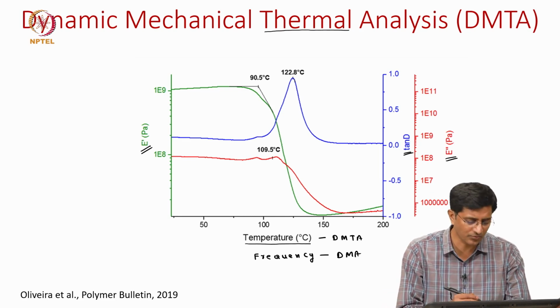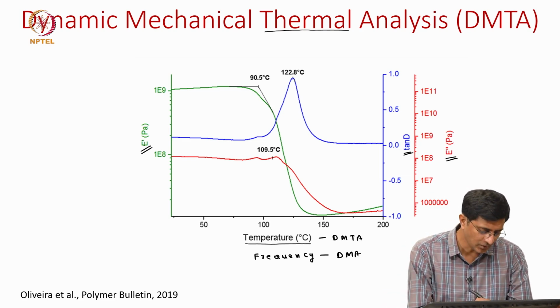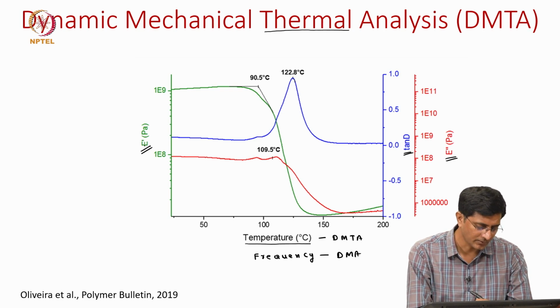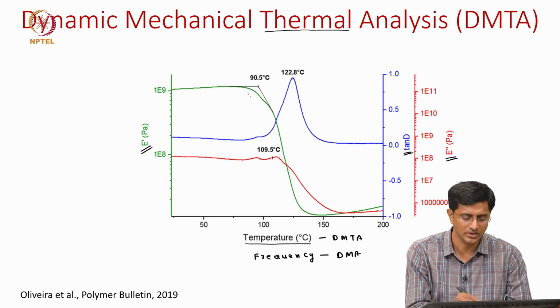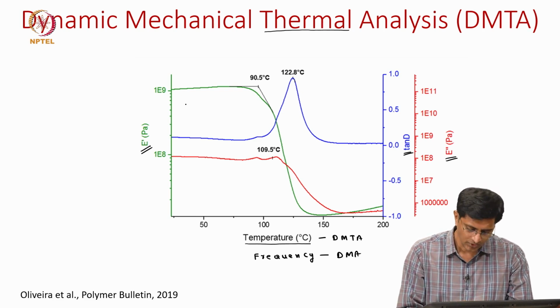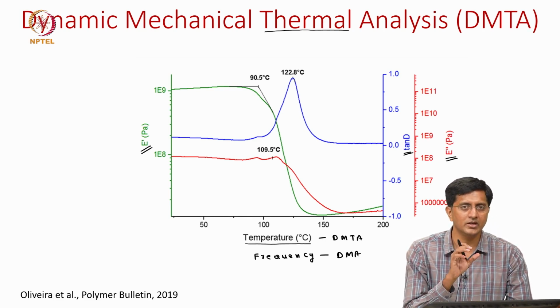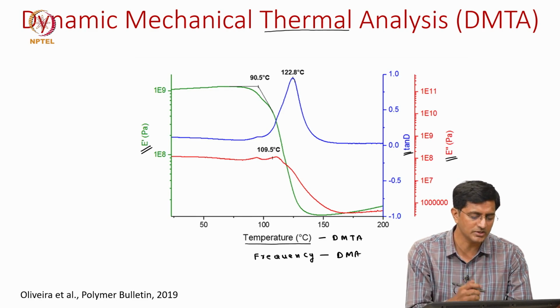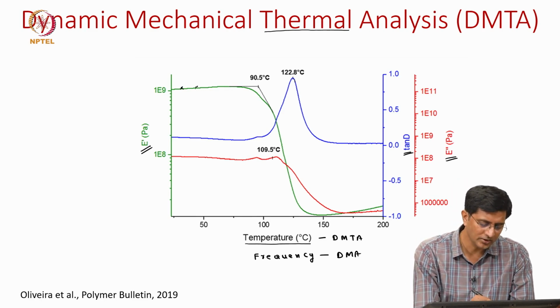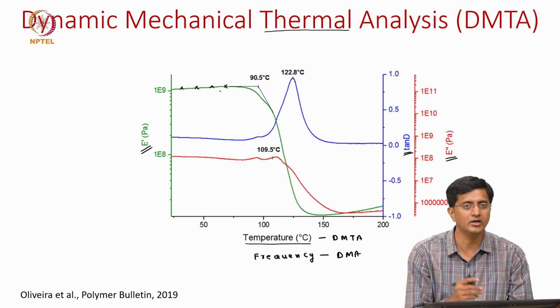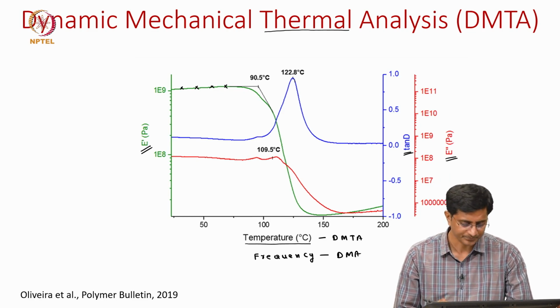Now let us focus on one at a time. Let us focus on the storage modulus, which is shown by this green plot. At low temperatures we expect the material to be in a glassy state where the modulus is high, which matches our earlier intuition.